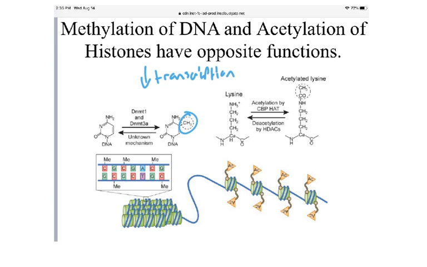But when we acetylate the lysine, it gets rid of that positive charge. And so what happens is the negative charge now has a reduced electrostatic attraction to the histone, so the DNA starts to come off of the histone. And that allows for an increase in transcription.